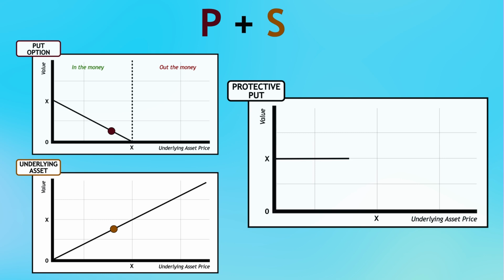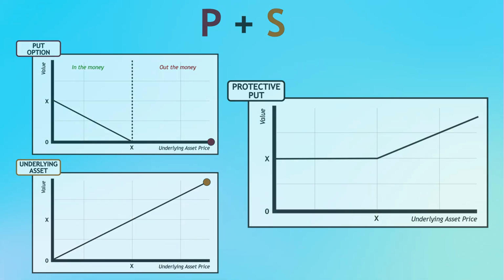Therefore, the combination of the put option and the underlying equals the strike price during the whole period when the put option is in the money. Once the underlying asset price is above the strike price, the put option is worthless, so the portfolio value just equals the value of the underlying asset.